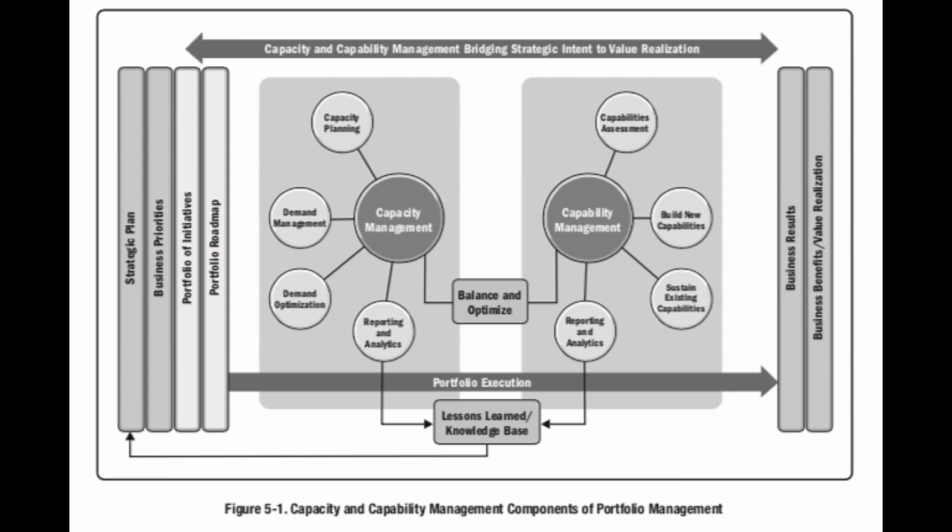When you invest in capability, like training or hiring specialized talent, you temporarily reduce capacity. The time or resources you spend building capability takes away from the immediate availability to work on projects. For example, a financial services firm might realize it lacks cybersecurity expertise to manage a new regulatory compliance project.